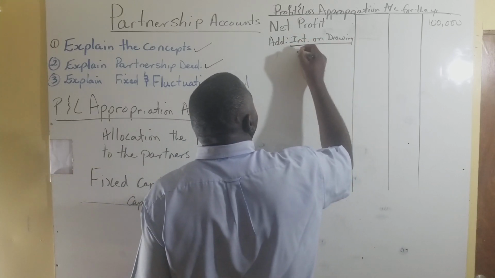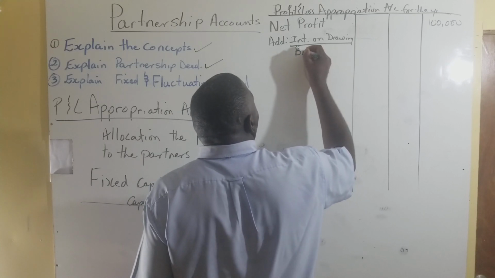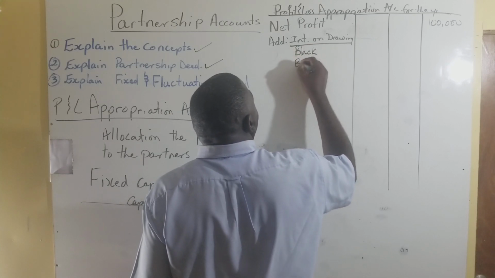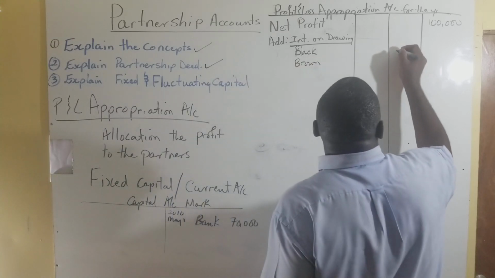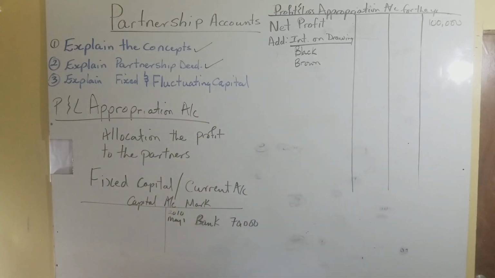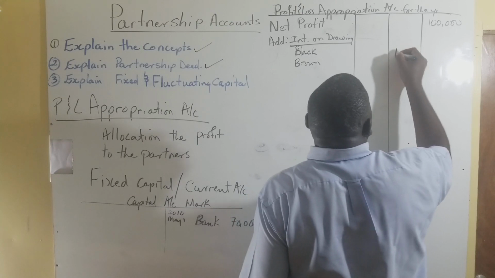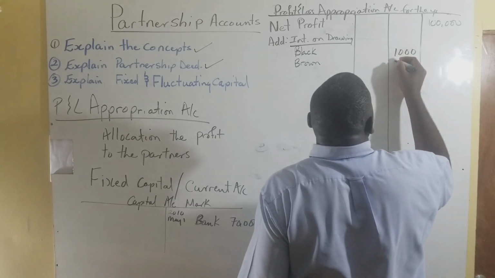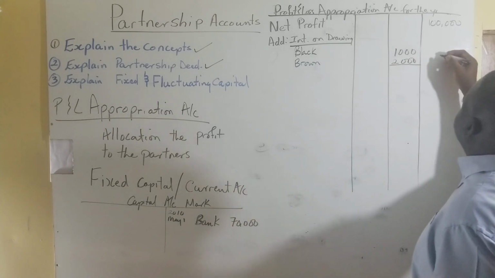So if it is for Black and Brown, let's say this is 1,000 and this is 2,000, so the total of this would be 3,000.